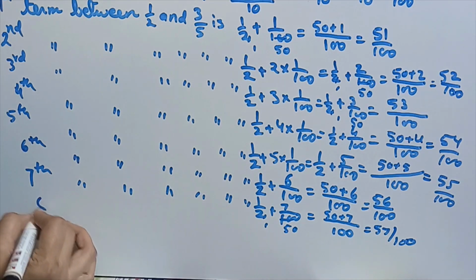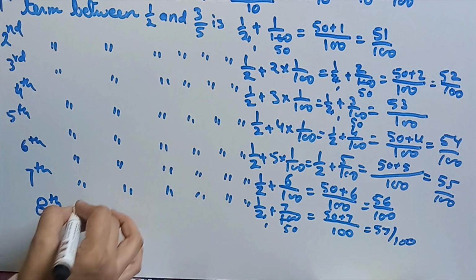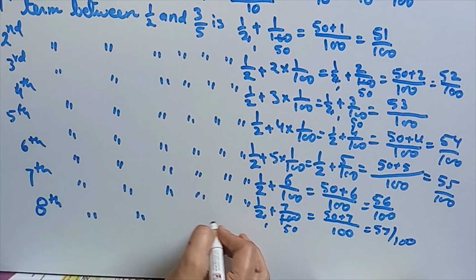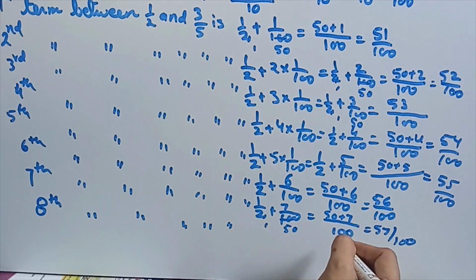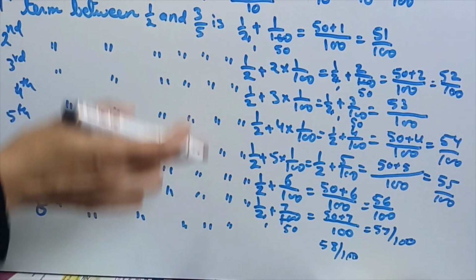Now 8th, likewise, we will find the 8th term, which is same method, and you will get 58 by 100. You have to use the same method which we have been using till now.